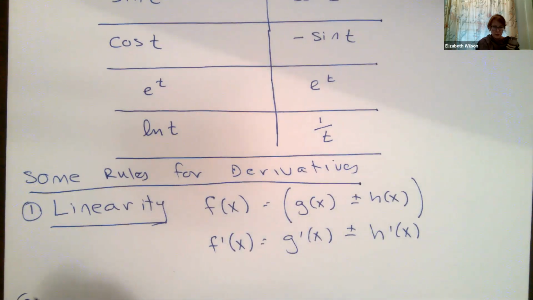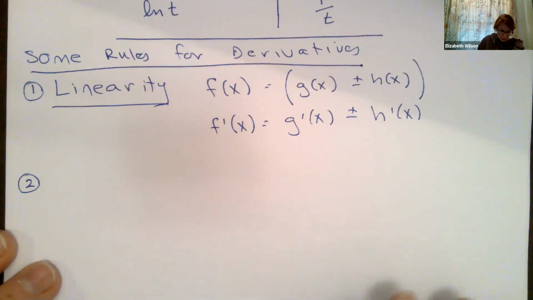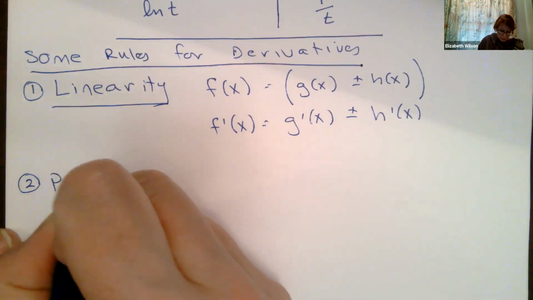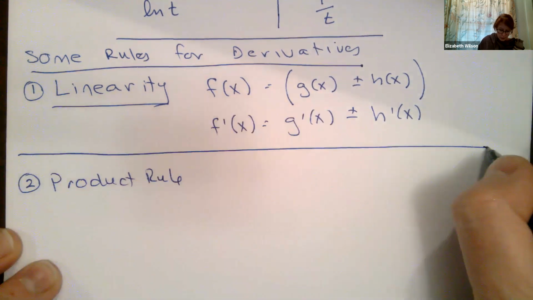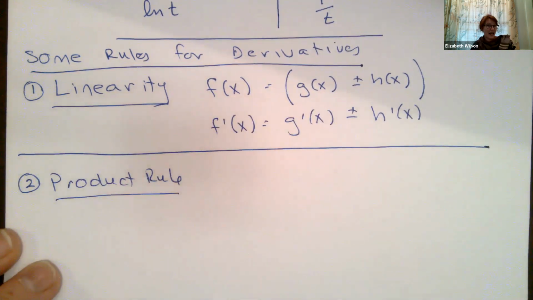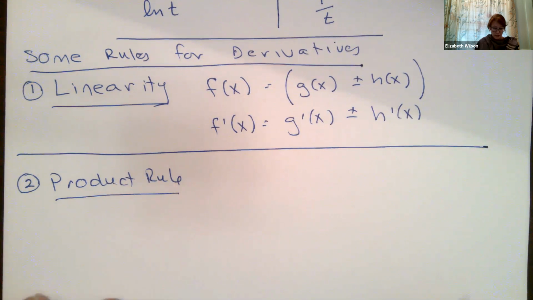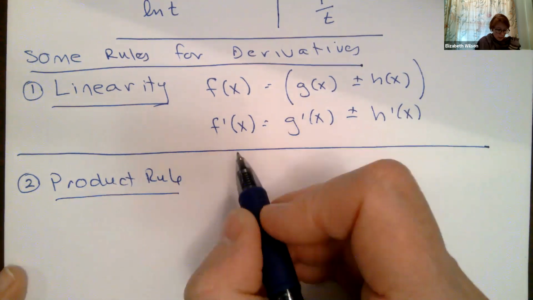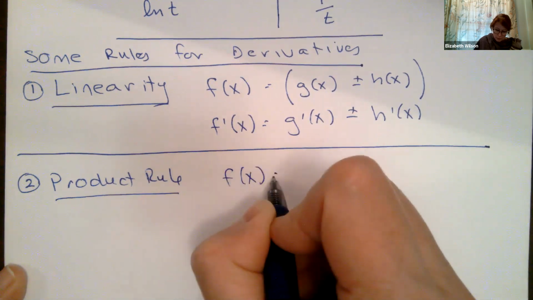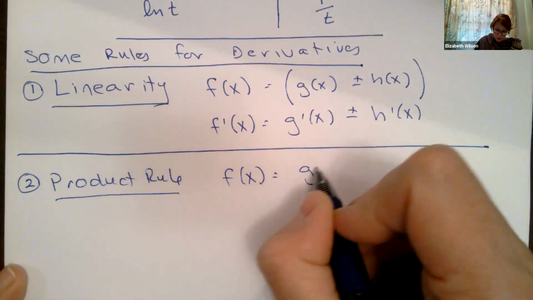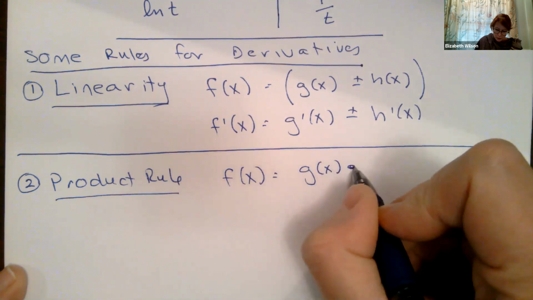Our second rule that we want to think about is what we call the product rule. Okay, so linearity was when I was adding or subtracting two functions together. The product rule is when, let's say, f of x equals g of x times h of x.